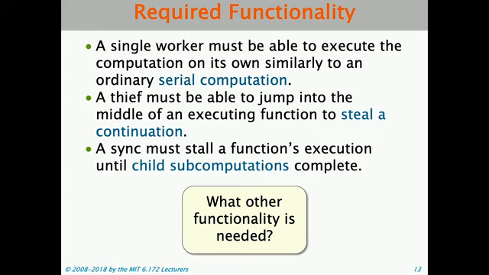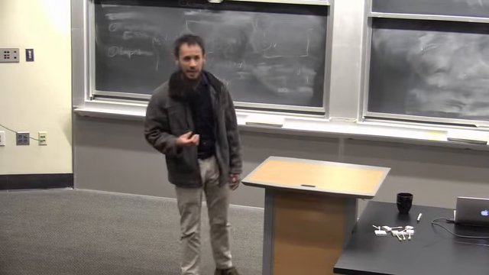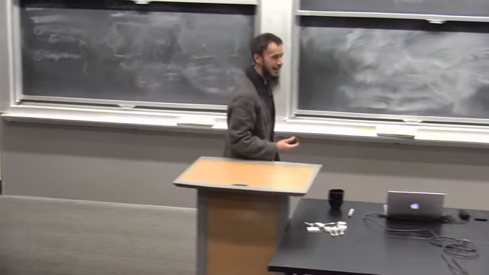So we have 3 big considerations that we need to pick apart so far. That's not the whole story, though. Any ideas what other functionality we need to worry about for implementing the Cilk system? It's kind of an open-ended question, but any thoughts?